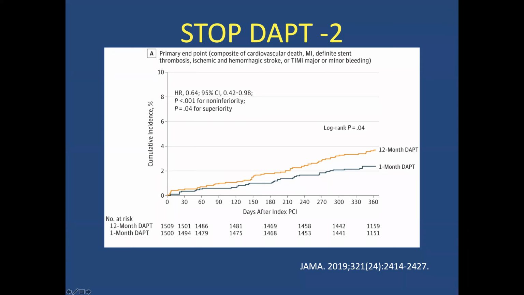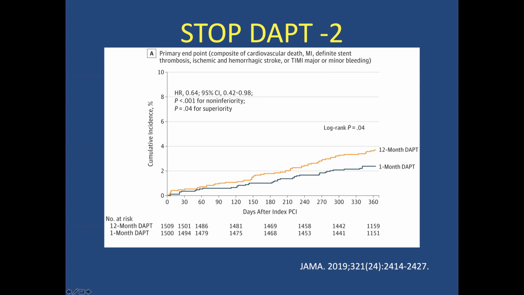Now, this was a post-PCI population, both stable coronary disease as well as acute coronary syndrome. The authors did do a STOP-DAPT ACS trial, which was all acute coronary syndrome. 56% of those patients were STEMI. I didn't show that trial here, but in that they did not meet their primary endpoint.